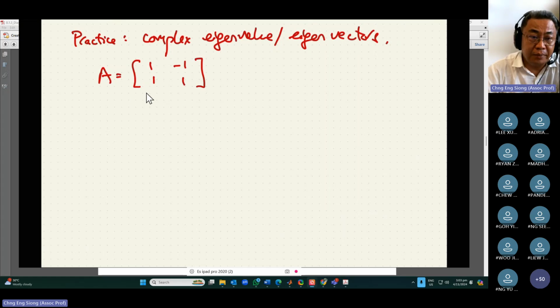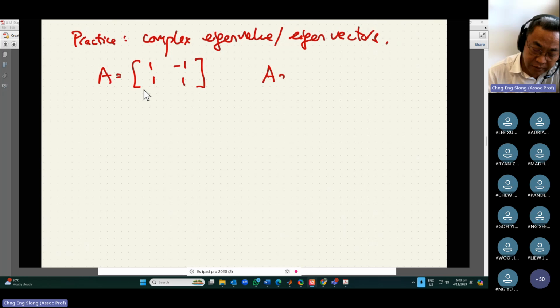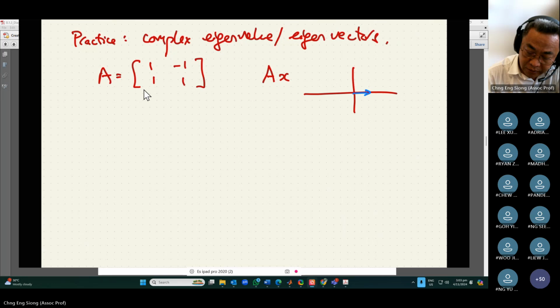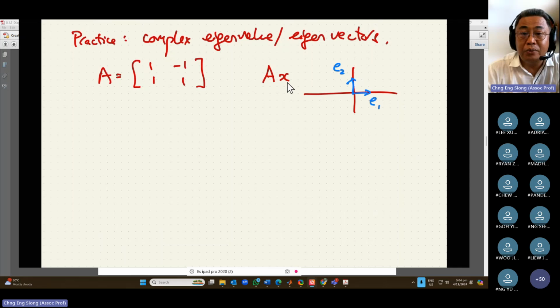If A is a matrix that will act on X, A X, what? And if this is the input, blue, let's call them E1 and E2. A acting on E1 will move to where, guys? What's E1? 1, 0.